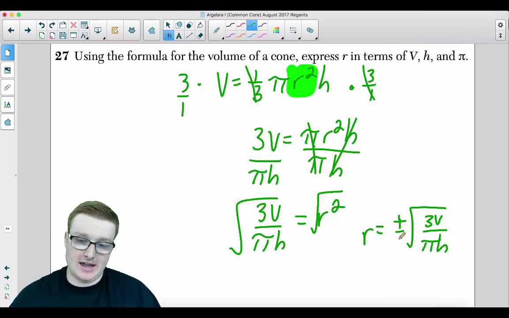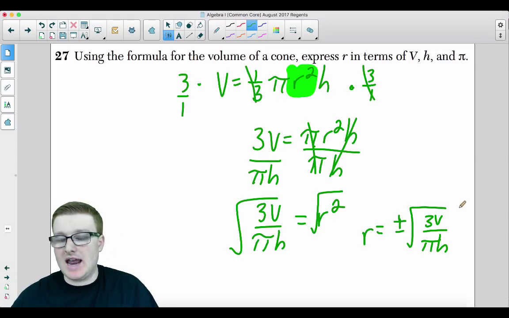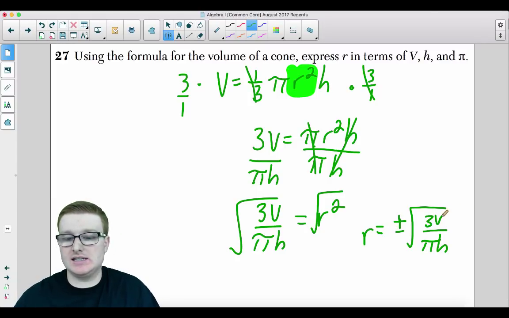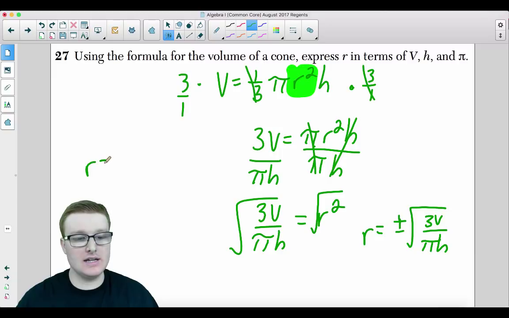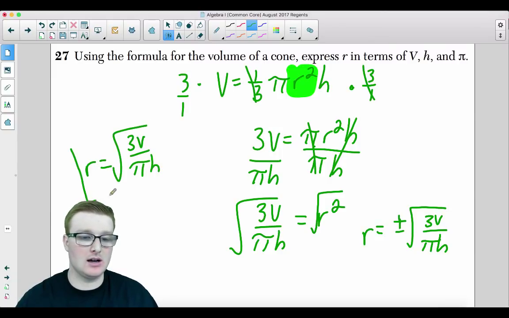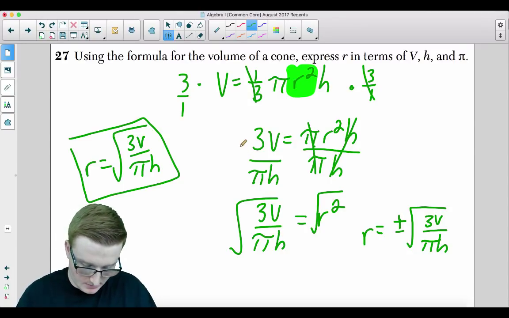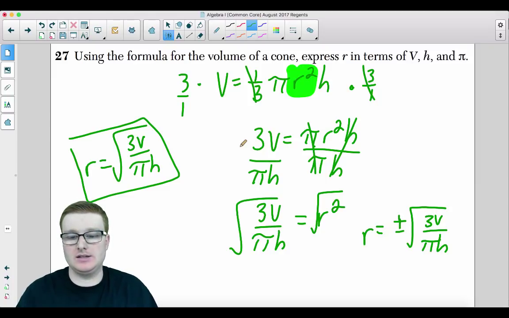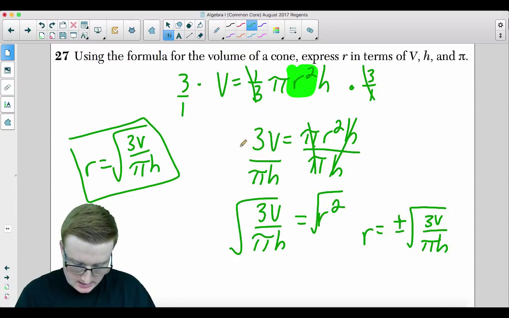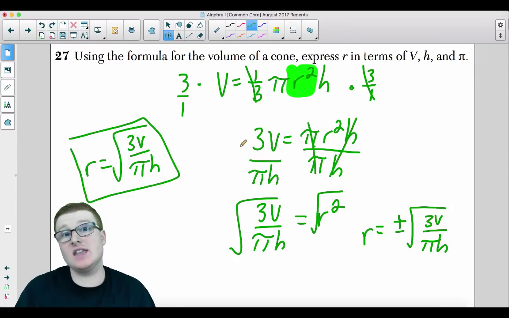So here's the thing. If I'm not mistaken, when I checked the answer key for this on the Regents, they accepted r equals the square root of 3V over pi h. I'm pretty sure that's the answer. This is why I'm a little concerned, just because you get a plus or minus at the very end, since when you take the square root of a number, you actually get two results.